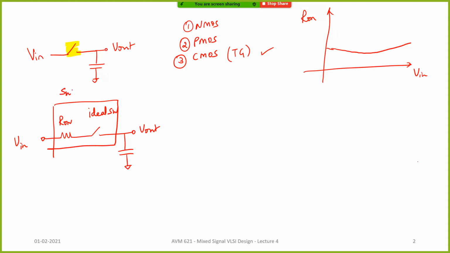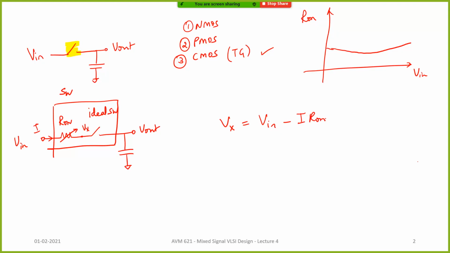Now this on resistance is a function of the input voltage. Let us define the node voltage here as Vx. What is Vx? Vx can be written as V in minus the current flowing through this part times the on resistance.